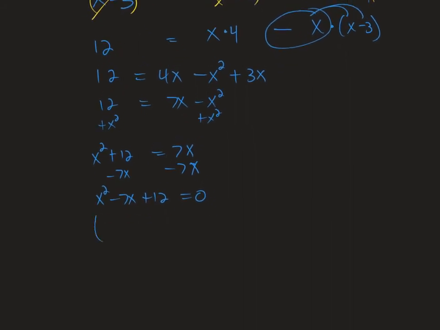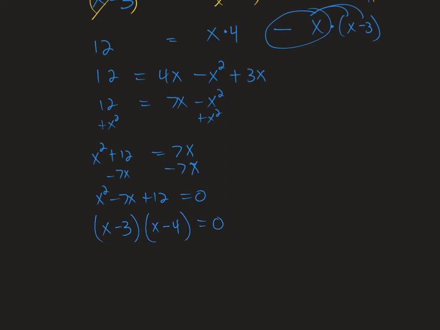We're going to factor, and maybe you're really fast at factoring and don't need to draw it out, and that's going to be okay. But I know that this ends up being x minus 3 times x minus 4, because negative 3 times negative 4 is positive 12, and negative 3 plus negative 4 is negative 7, so it satisfies our needs.